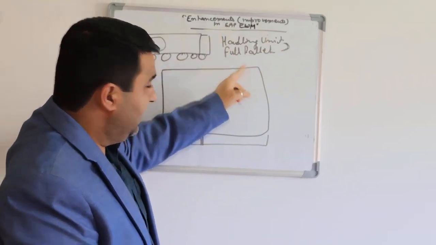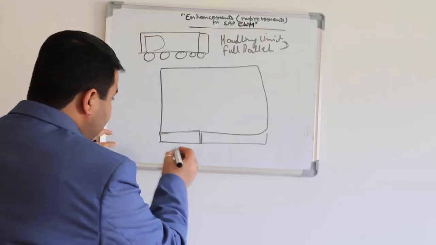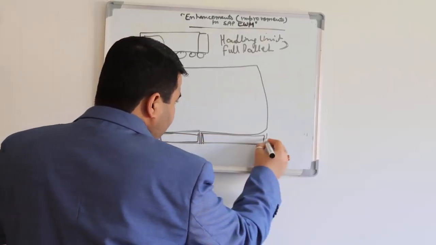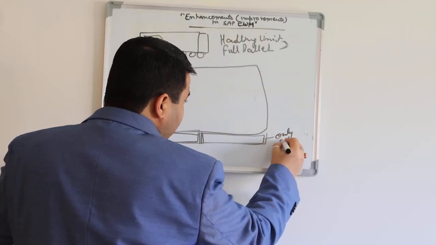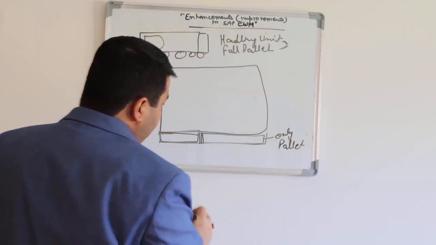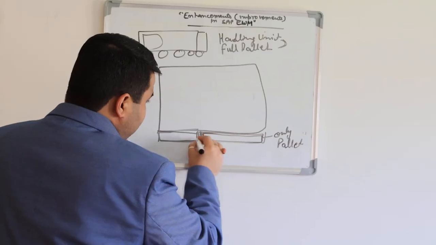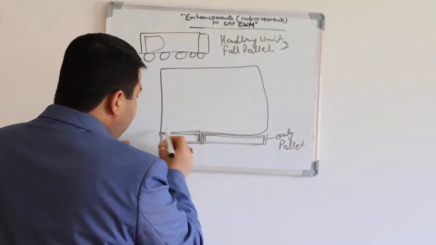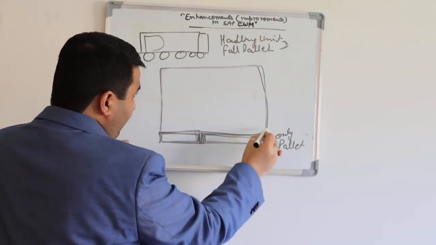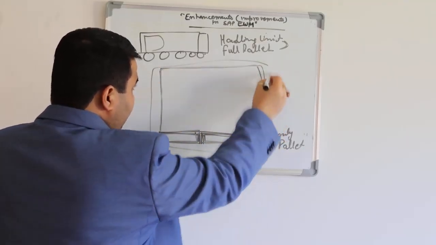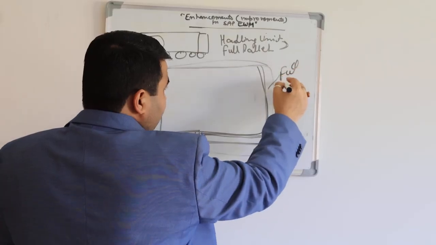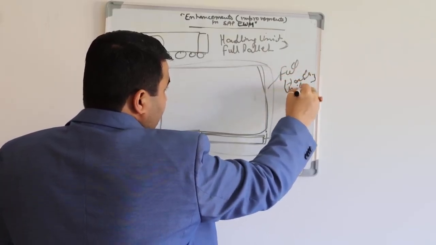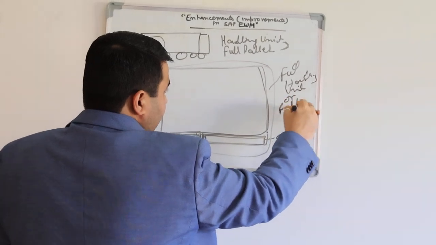This wooden or plastic base we call a pallet. Full pallet means when we have the product on top of the entire pallet, we call this a full HU. Simple. Full handling unit or full pallet, okay.